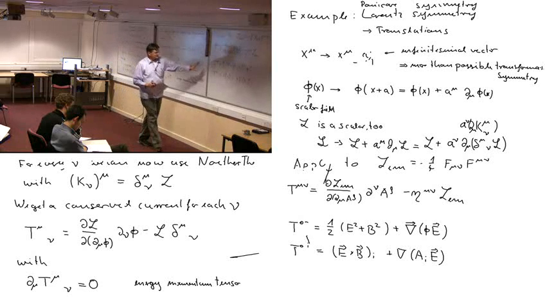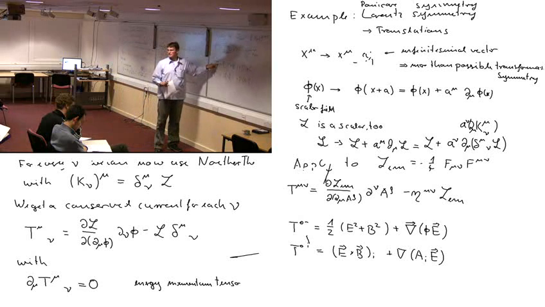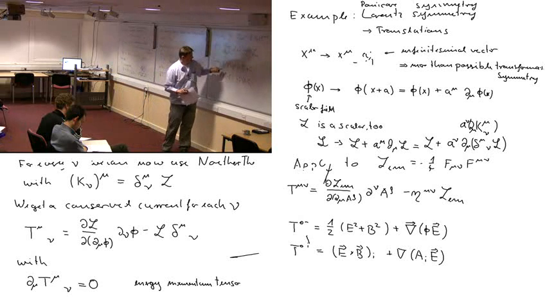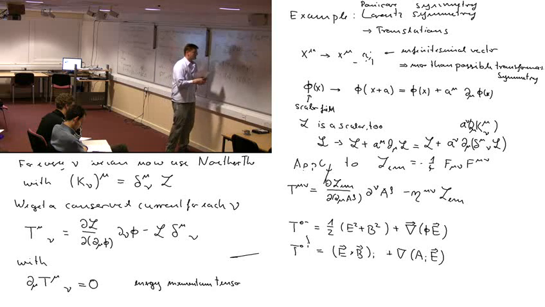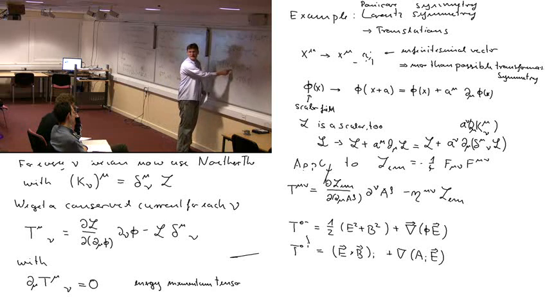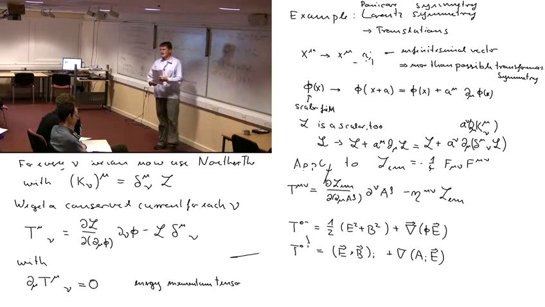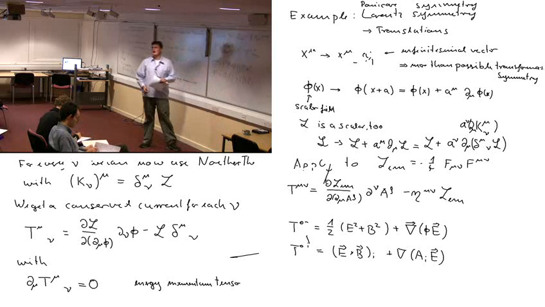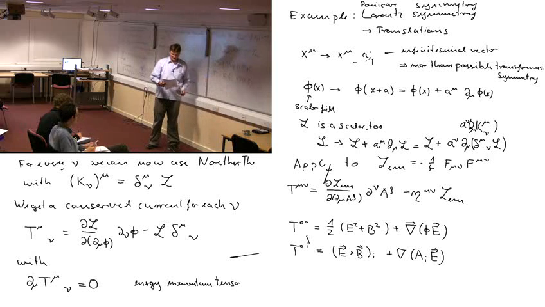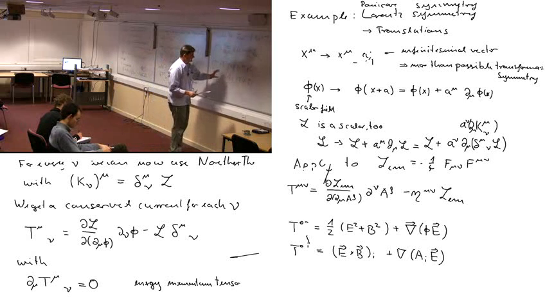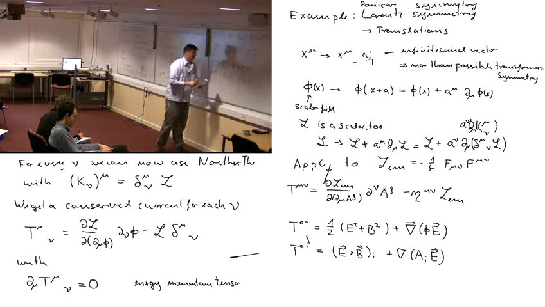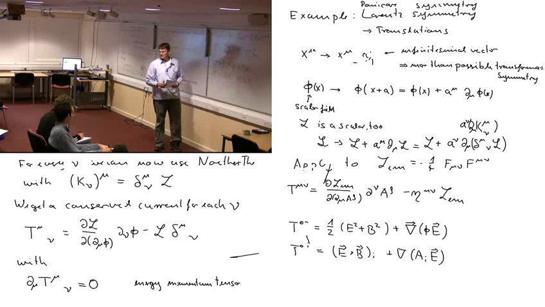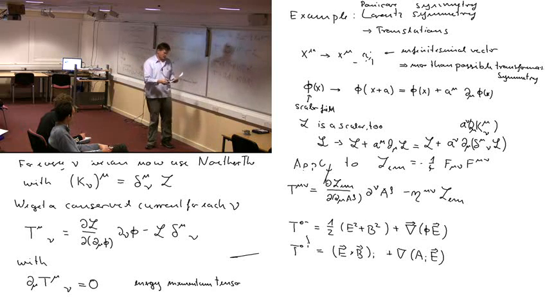So you already notice, looking at this, the 0,0 component of this energy momentum tensor actually justifies its name energy, because if you look at it closely, this is the energy density in electromagnetism. And this over here, the T0I component, or a big part of it, is actually the Poynting vector, which is associated to energy flow or momentum flow.